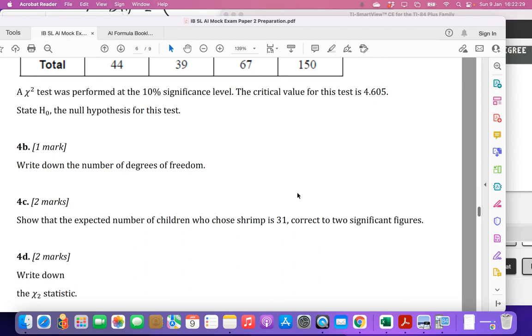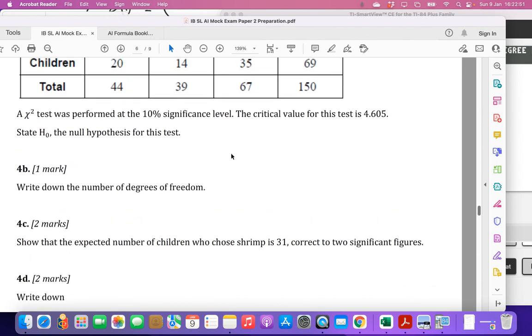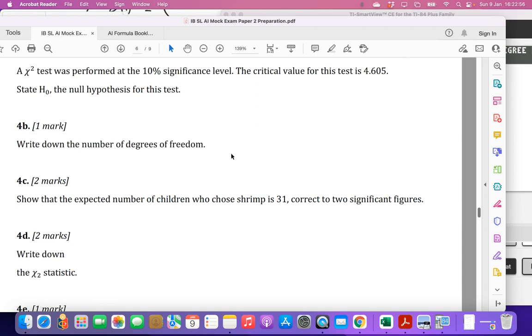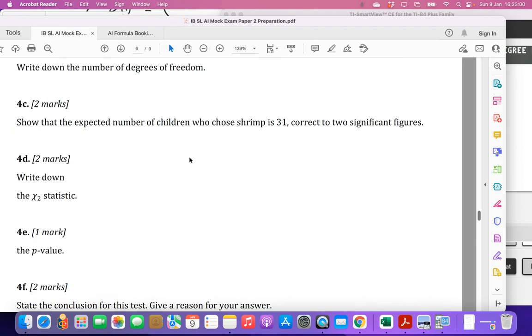So in both cases, chi-squared is less than chi-squared critical value, and the p-value is greater than the significance level. This means accept the null hypothesis. So the choice of meal is independent of age. Okay, accept null hypothesis based on that data.